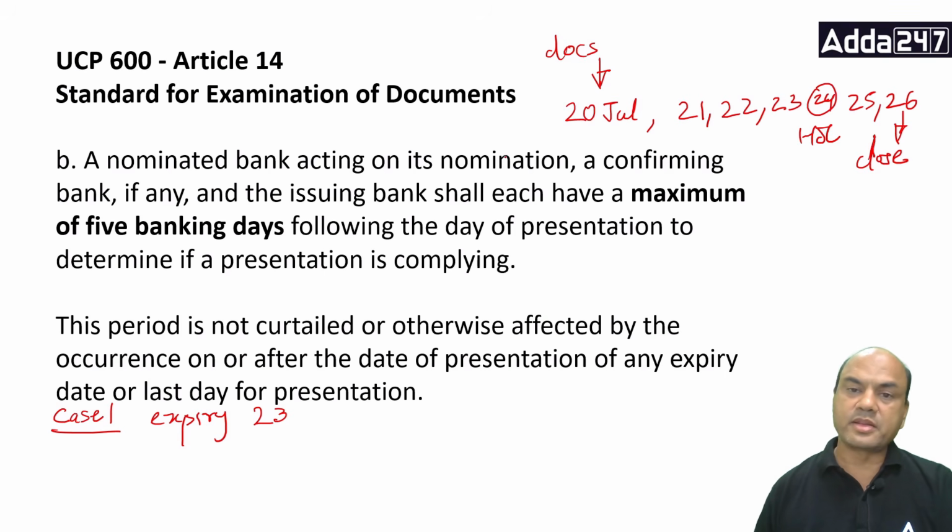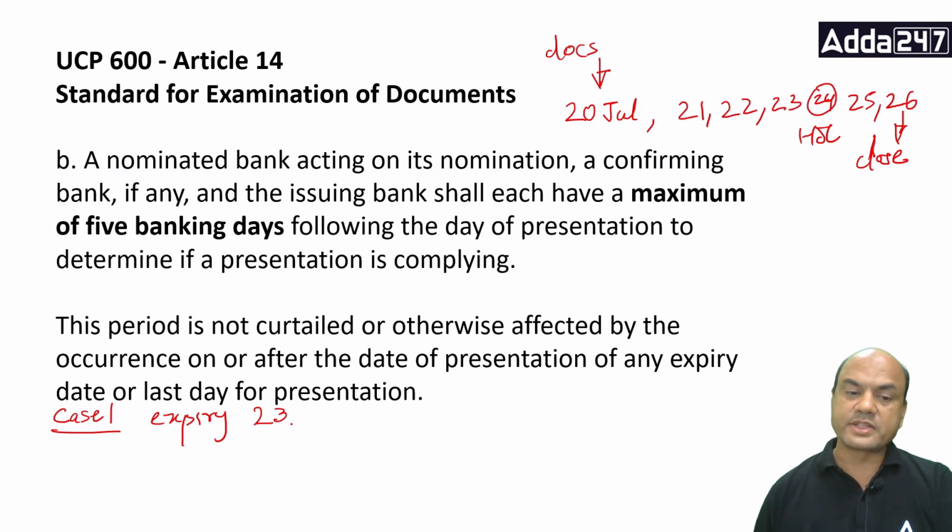So does it mean my banking days, documents presented on 20th July, and all these are valid, meaning compliant, date is compliant, everything is compliant. So for checking the documents, do I have only 3 days or do I have all the 5 days? Because the LC has expired on 23rd.